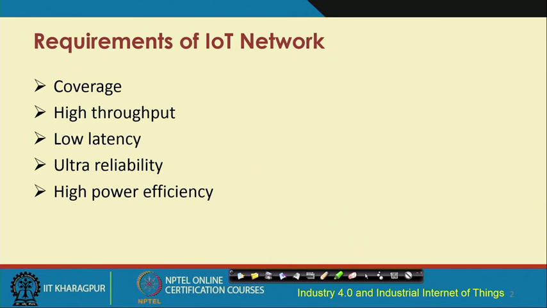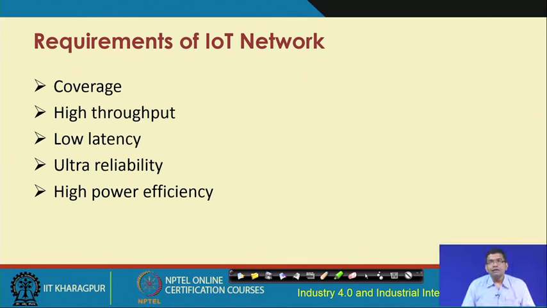So, that is coverage. The second thing is throughput. It is very important that the network supports high throughput, essentially high data rates, ensuring that through the network, which is typically a lossy network, higher data rates can be supported.